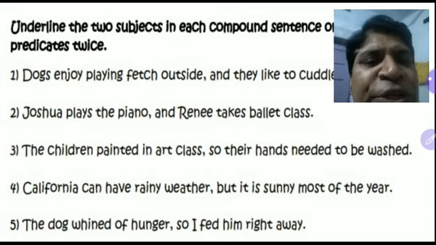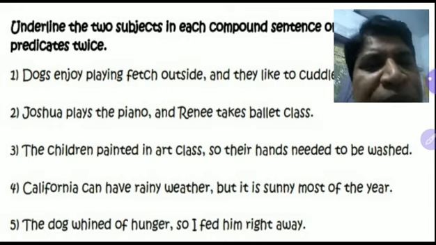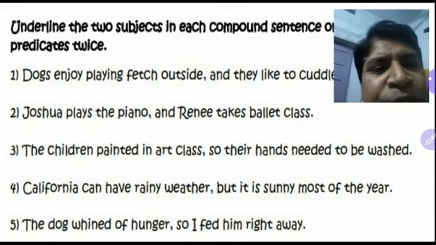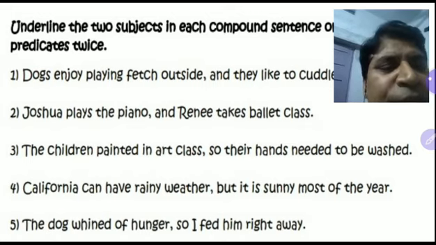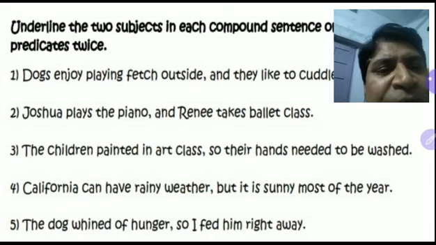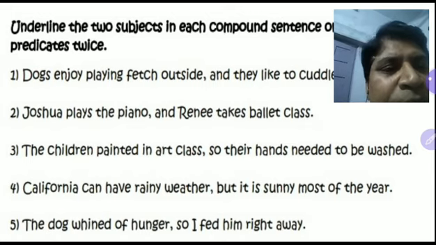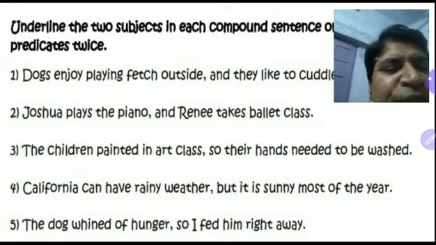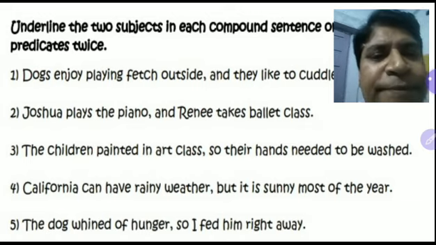Now next number. The dog whined of hunger, so I fed him right away. The dog and I have to be underlined once. And then the predicates, whined of hunger and fed him right away, have to be underlined twice.